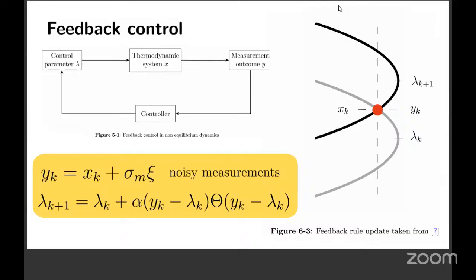Okay? So for perfect measurements, this alpha will be 2. Notice that the distance between this and this subsequent position of the trap is twice the distance from the center of the trap to the particle, 1, 2. And you can understand this as flipping up symmetrically with respect to the position of the particle. But if I have noisy measurements, I have to lift up the potential a little bit less.